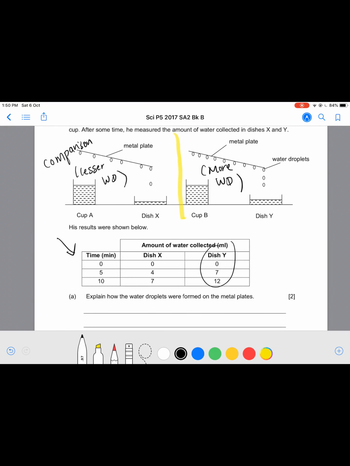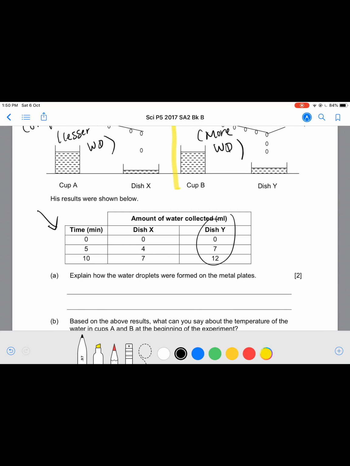Explain how water droplets will form. So this is the type of question where you need to talk about both evaporation and condensation. One of the few that can test you on both concepts. Alright, so we're going to start talking about the beginning first. This is about water.